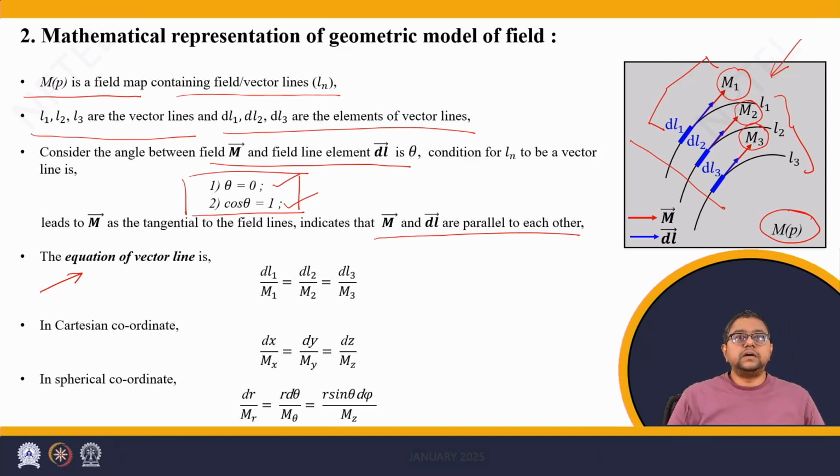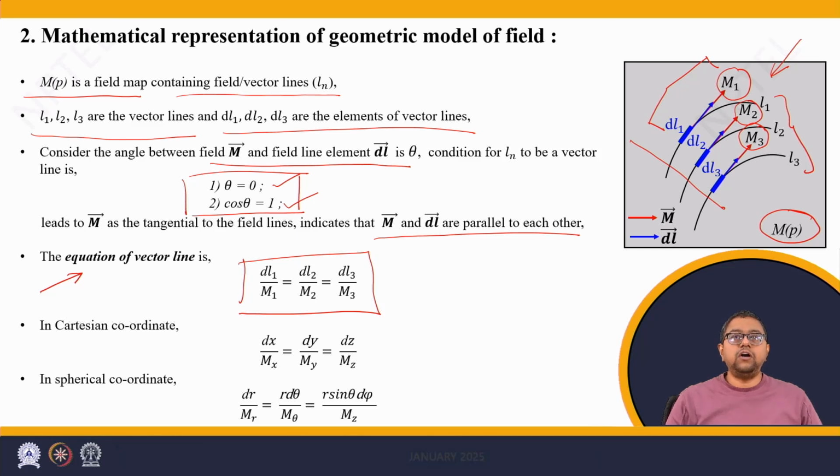This leads to the equation for the vector lines, which can be described as follows. Consider this set of equations where we have the ratios dl1 to m1 equal to dl2 to m2, which is also equal to dl3 to m3.